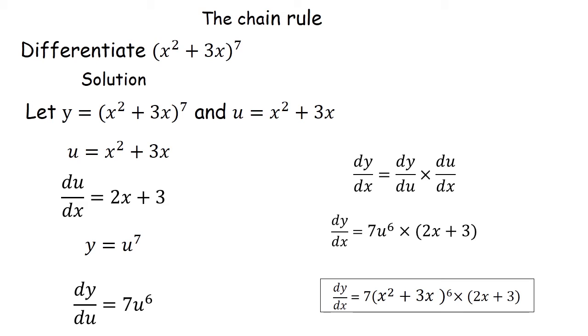So we shall have an answer here. When we substitute for the u, we shall have 7 into (x^2 + 3x)^6, multiplied by 2x + 3. So that would be the derivative.